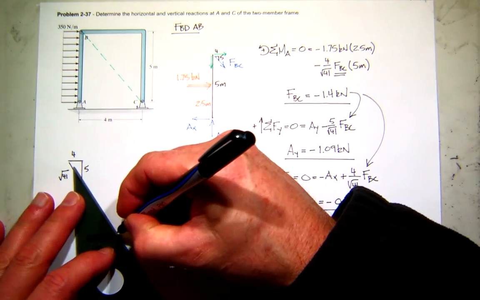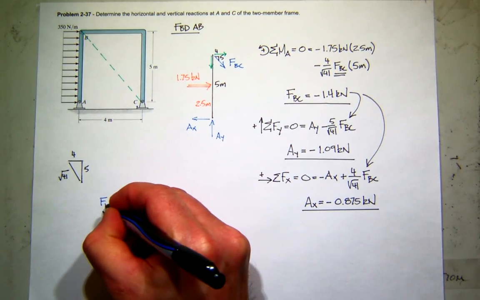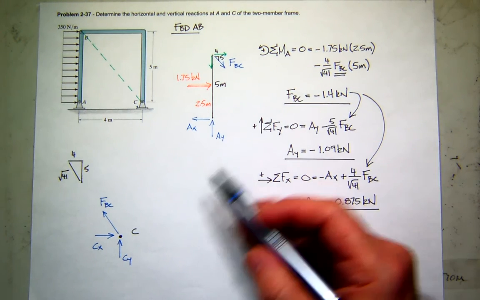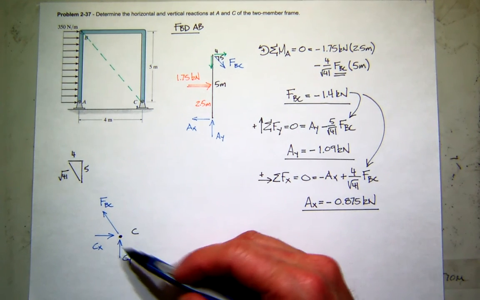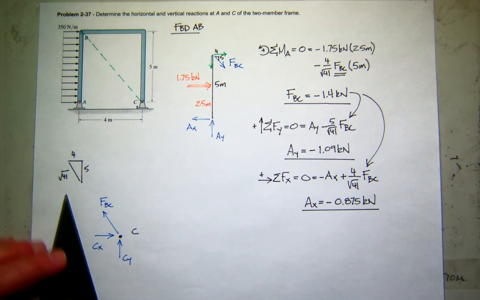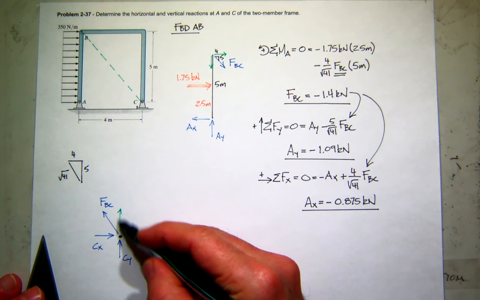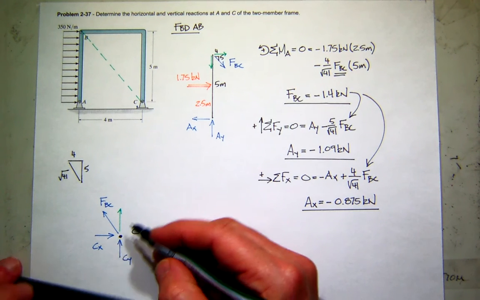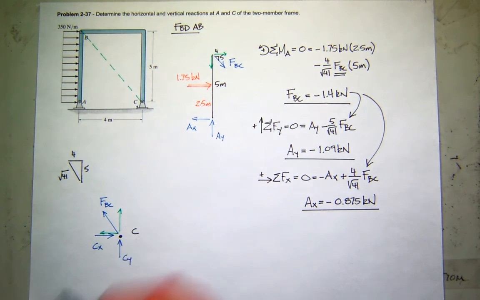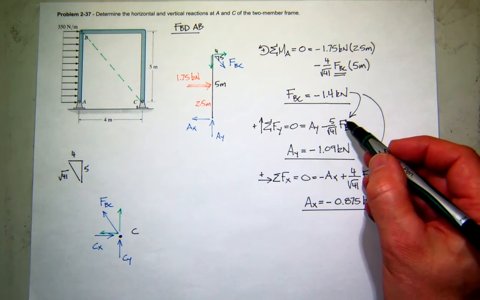Up. So all I have to do is take my value for BC, plug it in there, and figure out my X and Y components. The Y component is going to be CY, and then there's going to be an X component which will balance CX. And we found those already, as we did the previous calculation.